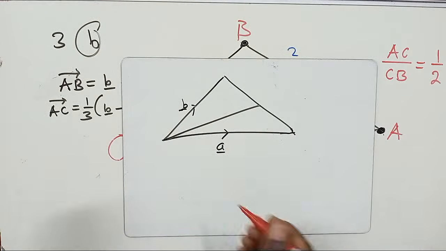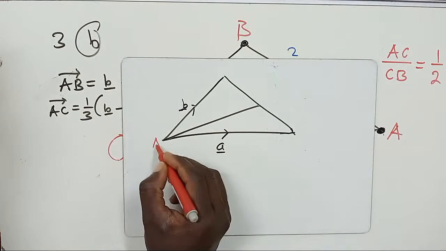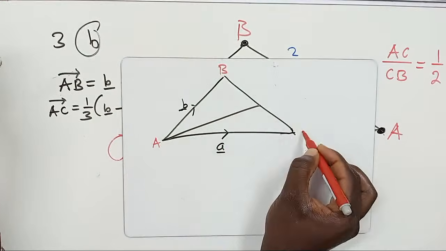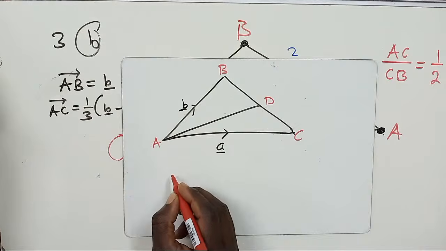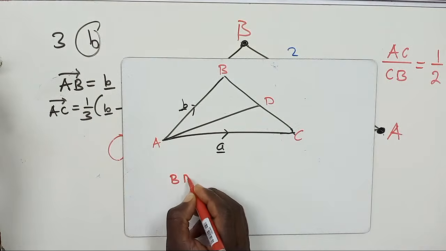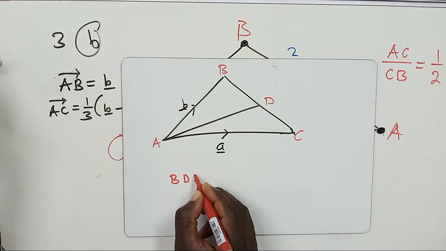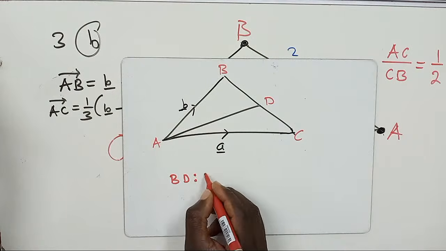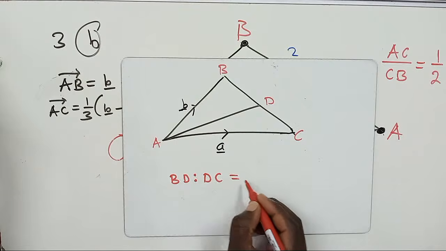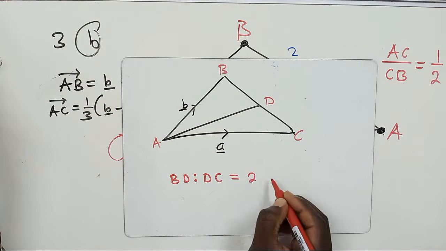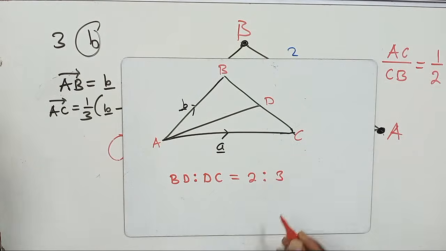And they give you that this is A, B, C, maybe D is right here. So they say the ratio, okay? The ratio here, BD to CD, sometimes they write it like this, is equal to maybe 2 to 3.